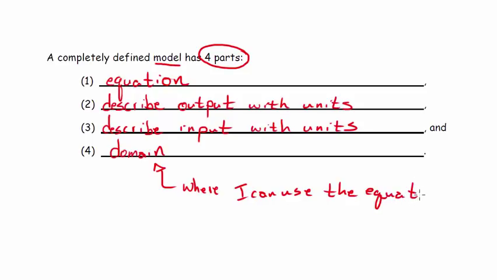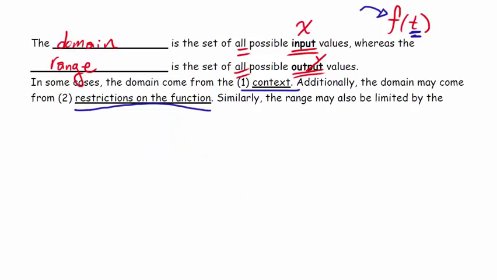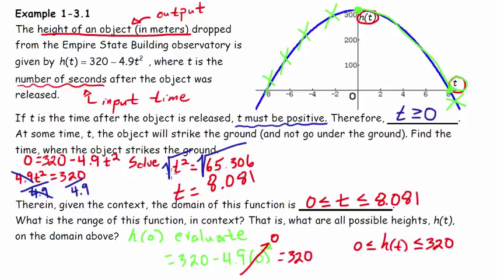Alright, so if you think back to the example of the falling object, let's see if we can find that one. Nope. Right here. Do you see our domain here was from 0 seconds to 8.081 seconds? Well, it would not make sense to use this equation that we have here to find the height of an object 20 seconds after you drop it.